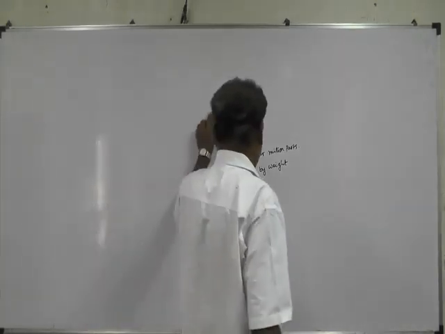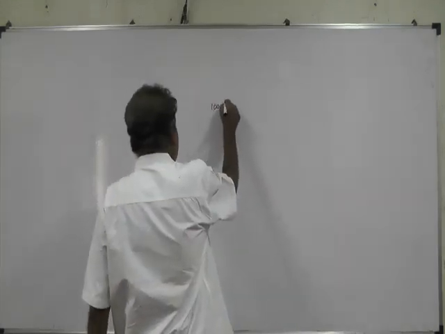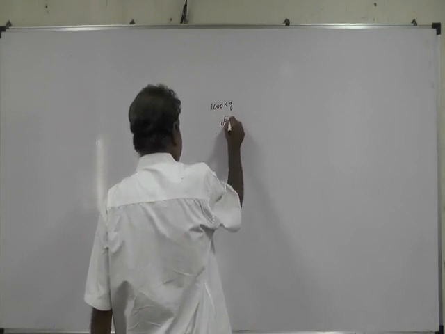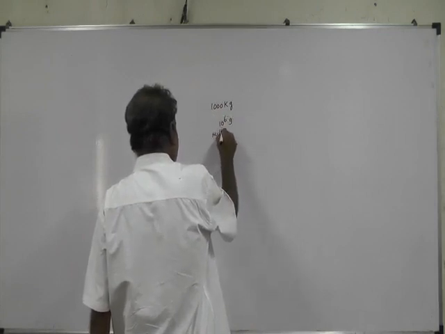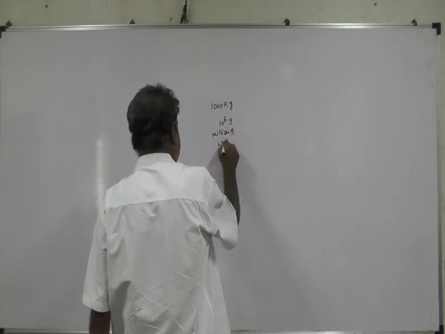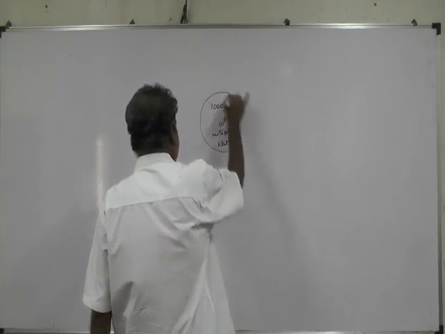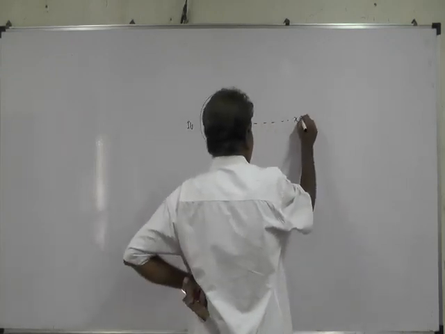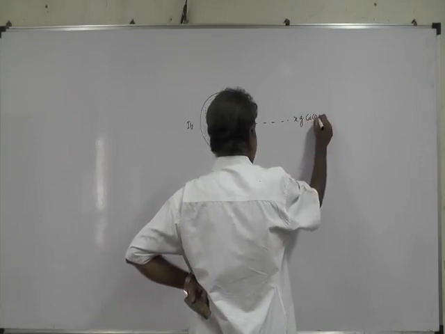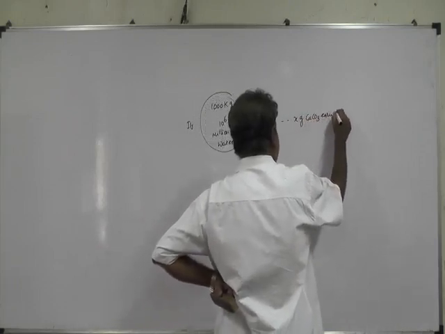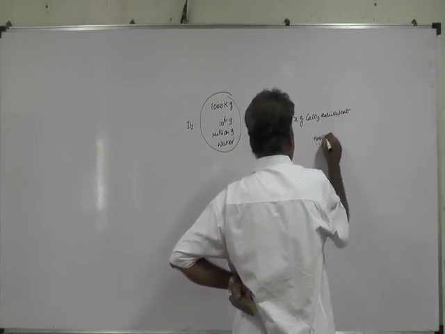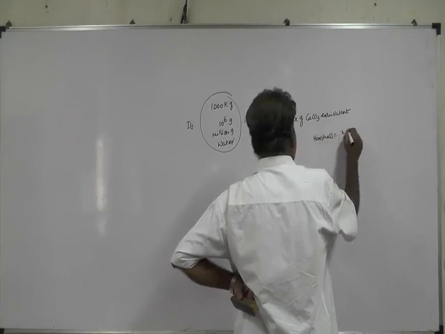Now, 1000 kg water, 1000 kg, 10 power 6 gram, million gram water. If 1000 kg water contains X gram calcium carbonate equivalents, hardness is said to be X ppm.